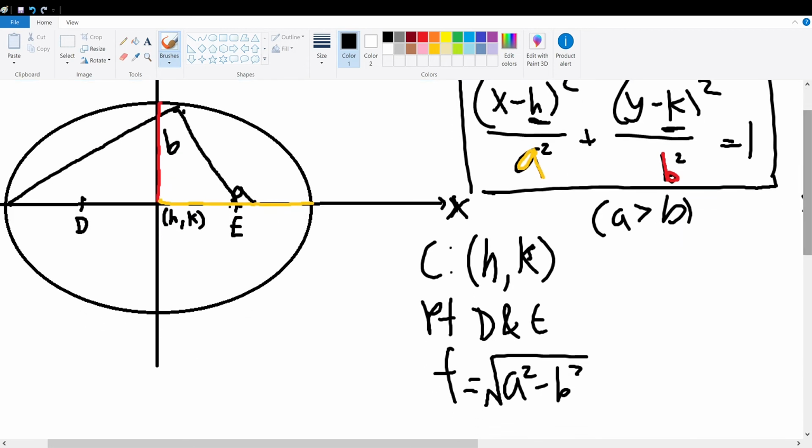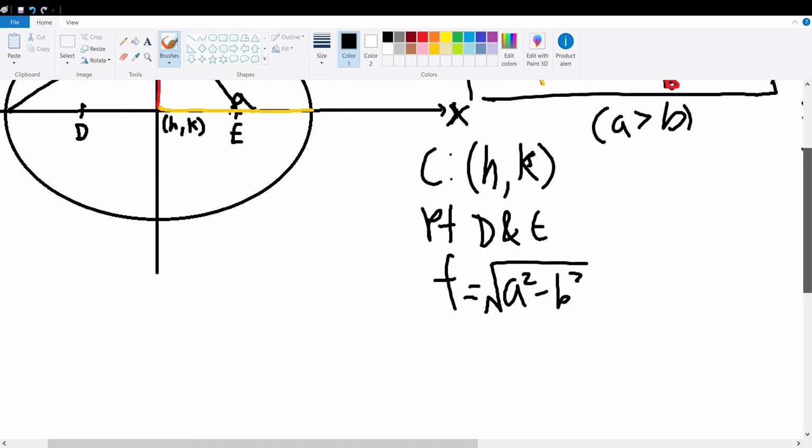If b is greater than a, the ellipse will not look like this, but it will look like an ellipse with the major axis parallel to the y-axis and the minor axis parallel to the x-axis. So that will look very narrow left and right and very stretched out up and down. But back to the subject of focal distances.